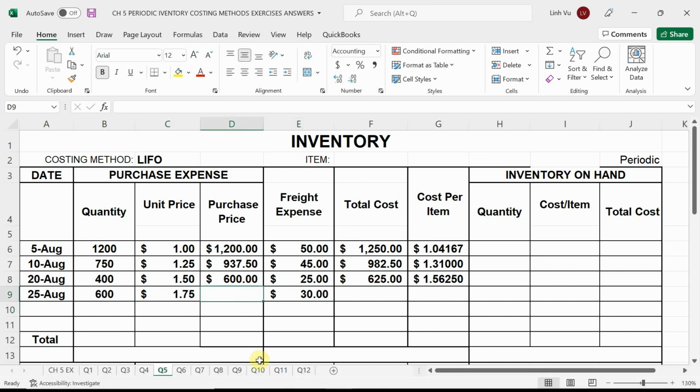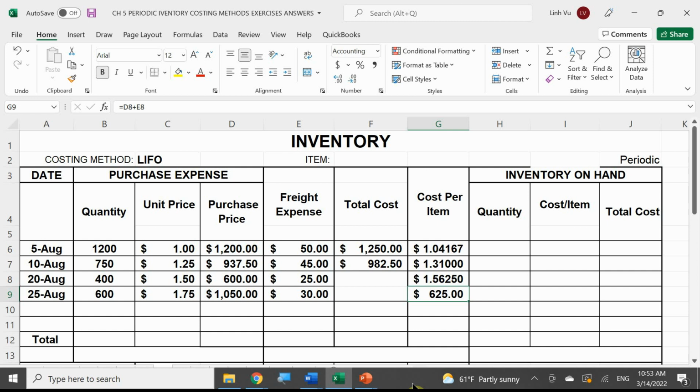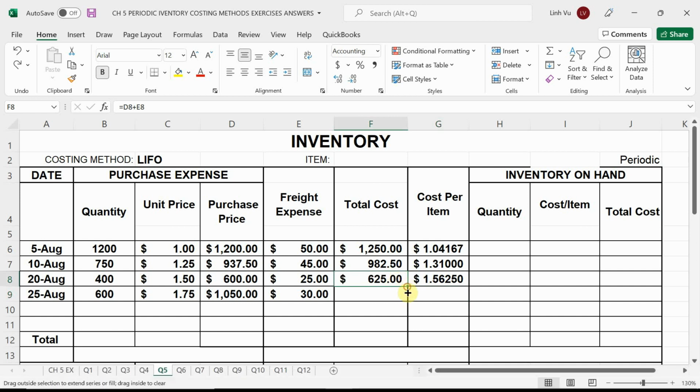So in this case, what's my purchase price here? 1,050? Okay, 1,050, right? 600 times $1.75, plus 30. 1,080. Okay.